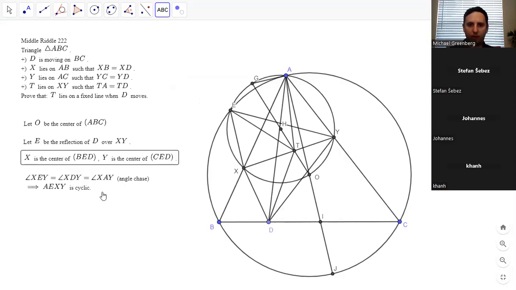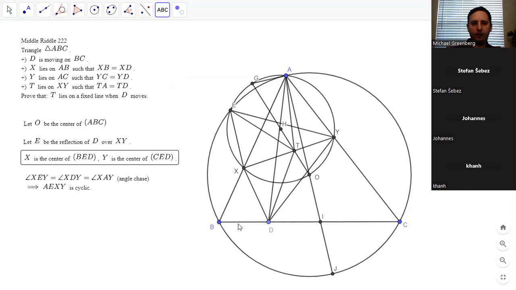Okay, so we can calculate XED plus YED, and basically we want to show angle BEC is BAC.